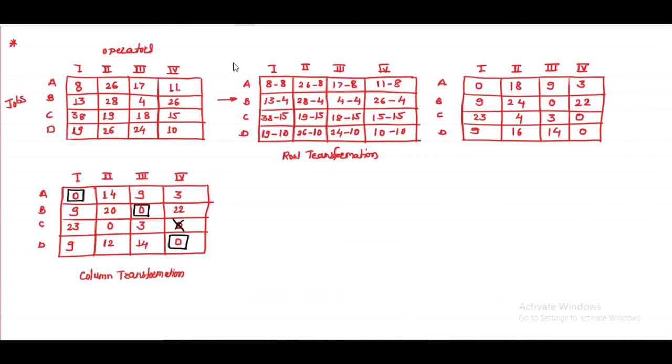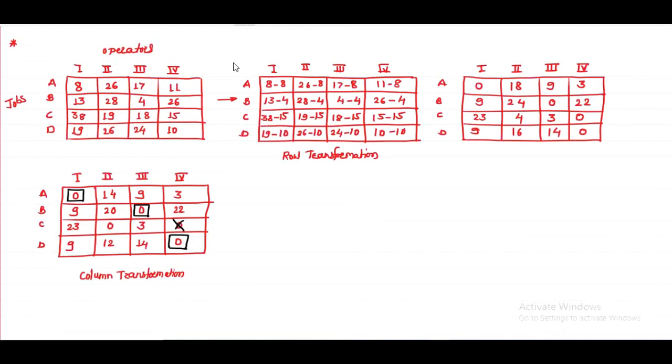Our condition of the assignment problem is that only one job is assigned to only one operator. So there is only one assignment in each column as well as in each row. If our problem is a 4 by 4 matrix, then there will be only 4 assignments.